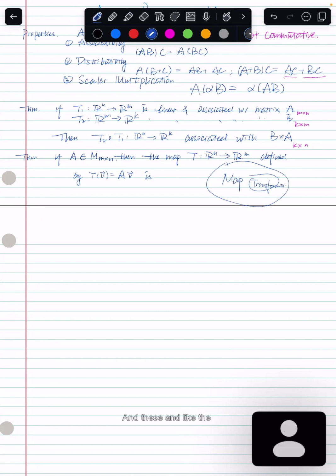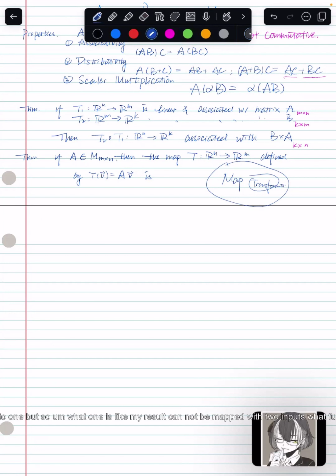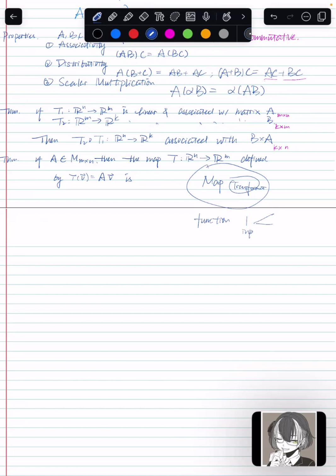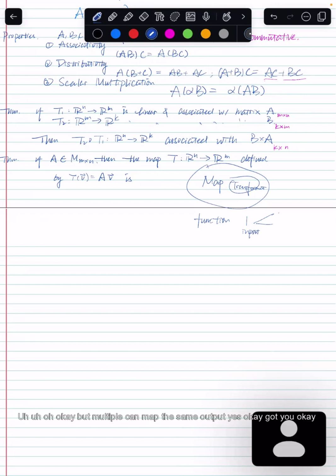A function is one input cannot be mapped to more than one output. But multiple inputs can map to the same output. Gotcha.